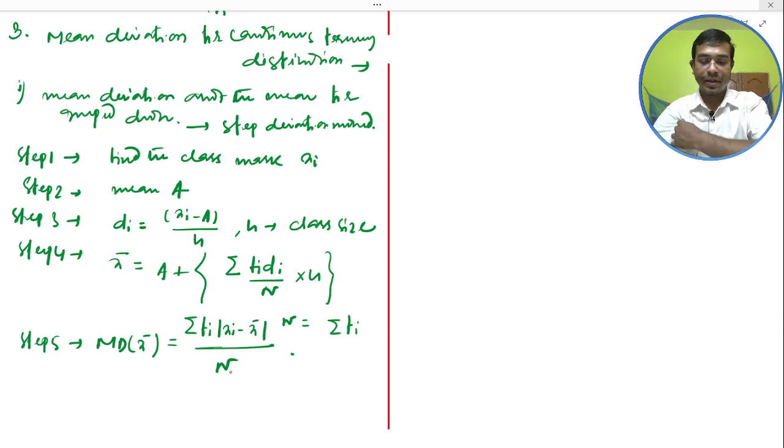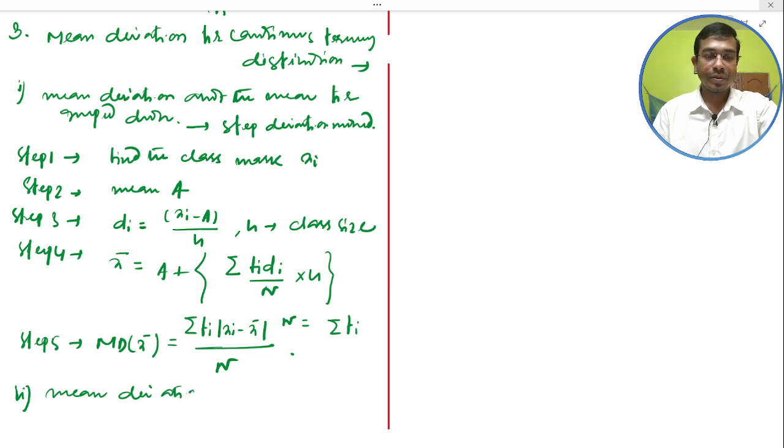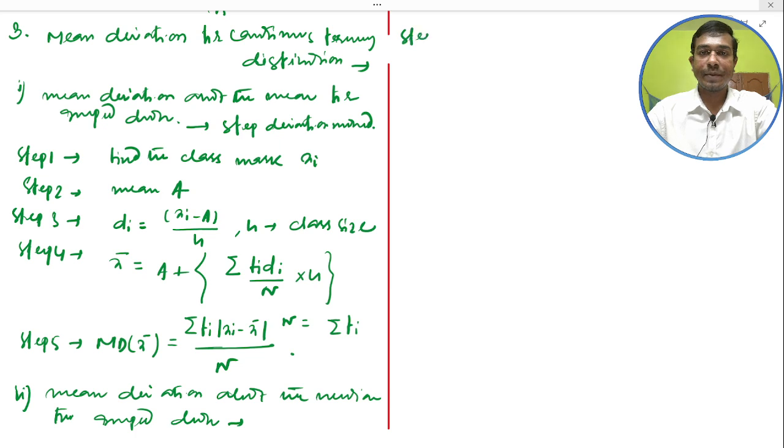Next, number 2, the mean deviation about the median for grouped data. Here step 1 is to find the class mark xi from the class, similarly.